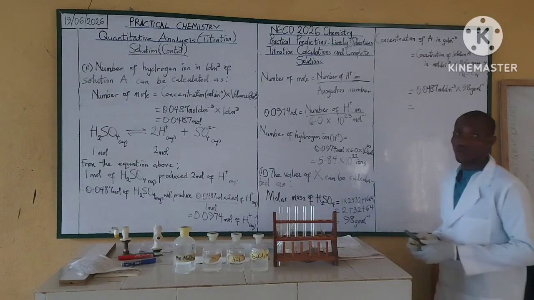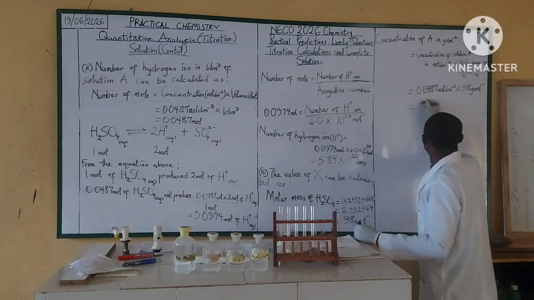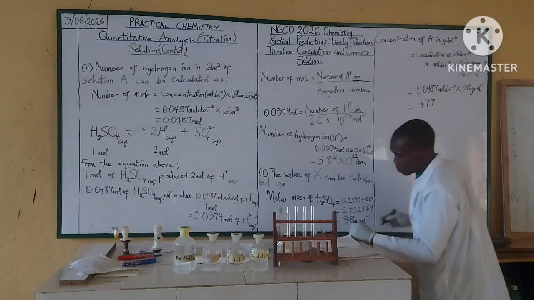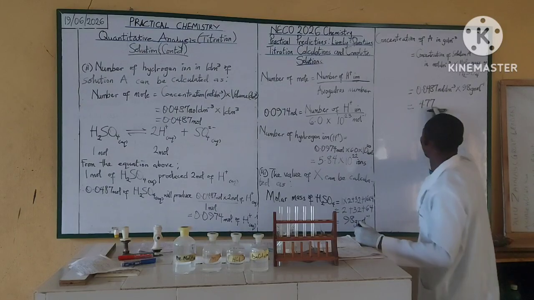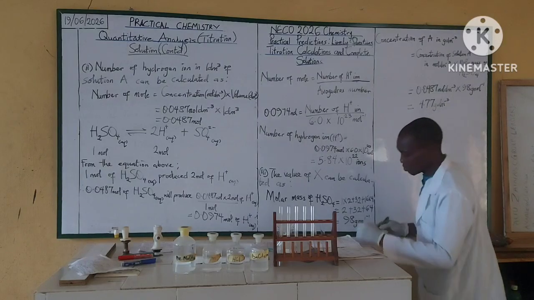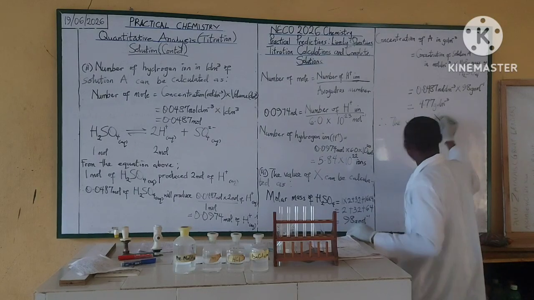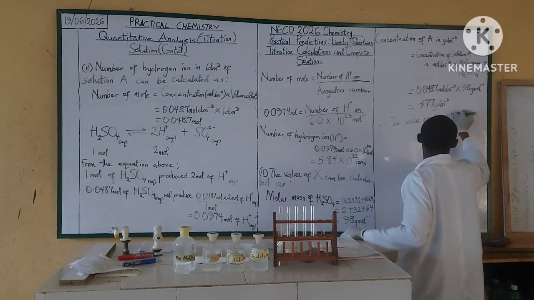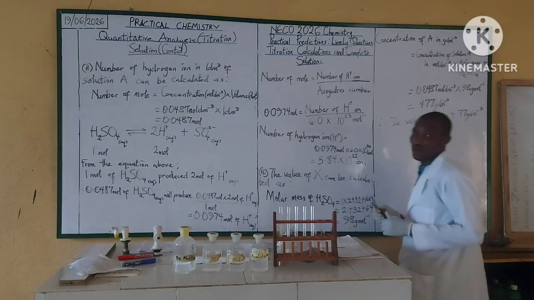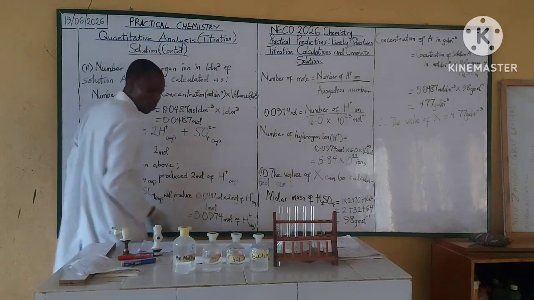If that is done, we are going to have an answer of 4.77, approximately to 2 decimal places, 4.77 gram per dm cube. You can say therefore the value of x is equal to 4.77 gram per dm cube. We have obtained the value of x.